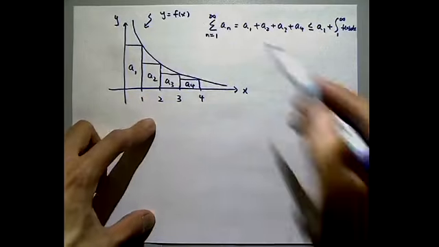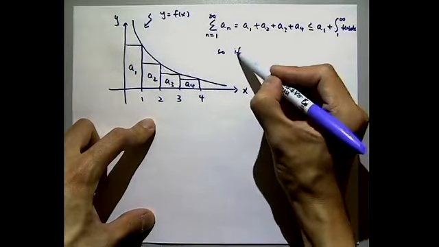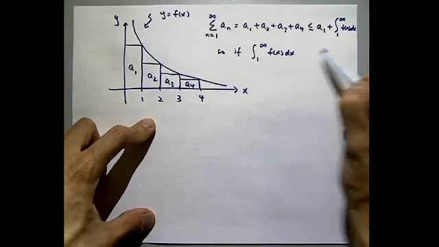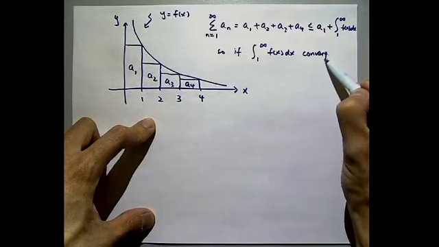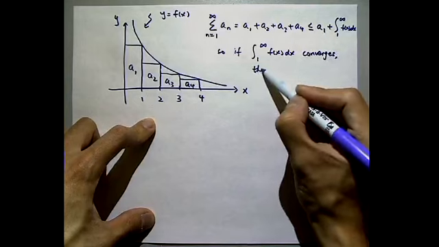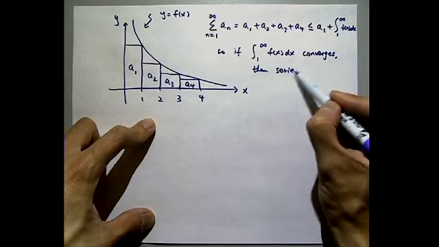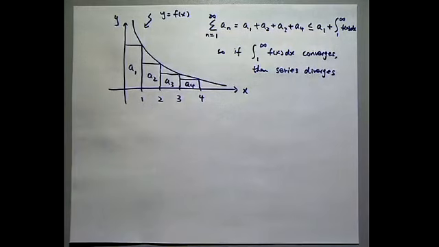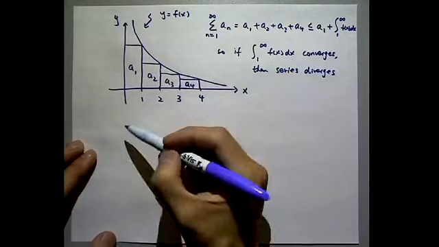We just saw that. So if this thing converges, then the series diverges. Right? We just saw that. Very simple. Now what happens to the divergent case here?